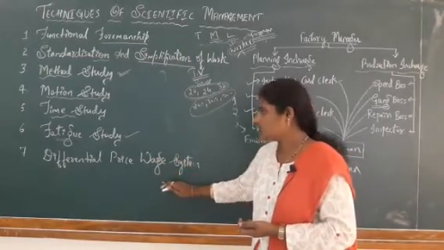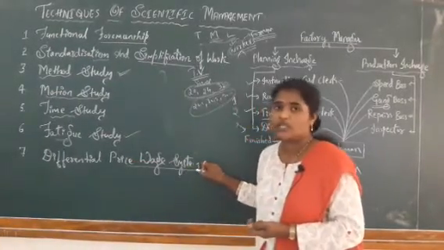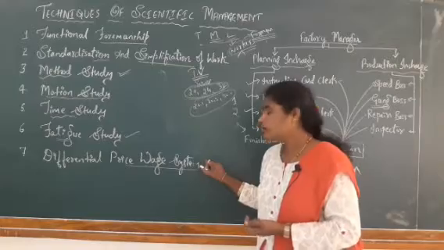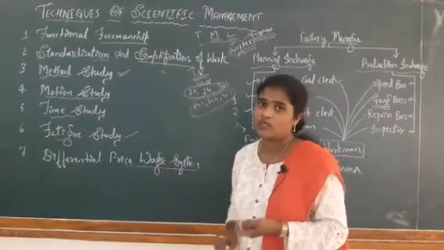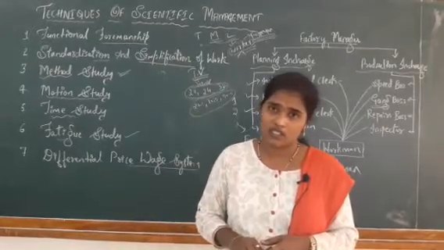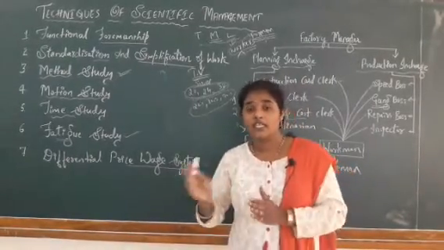Then the last one, that is the differential price wage system. Here we have to make a differentiation of price wage. Whatever wages you are going to provide for the workers, that is to be differentiated for efficient workers and inefficient workers.